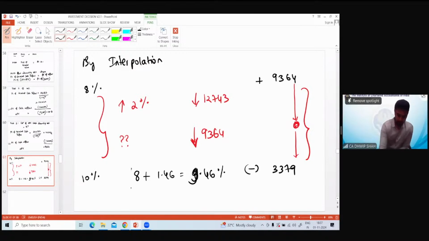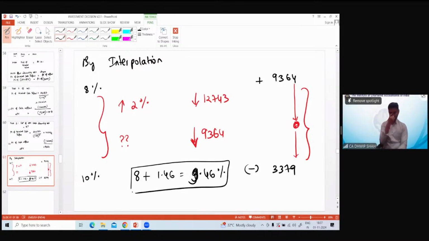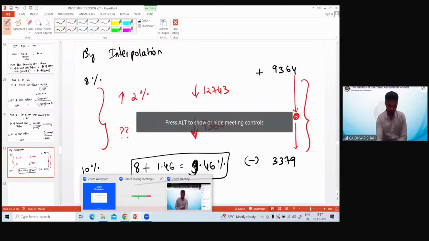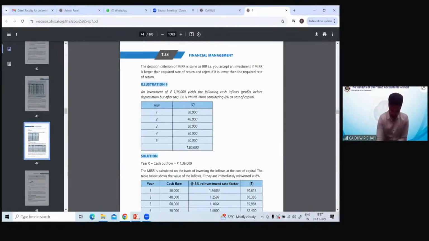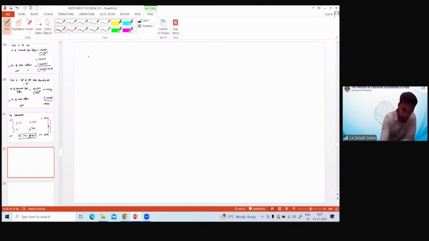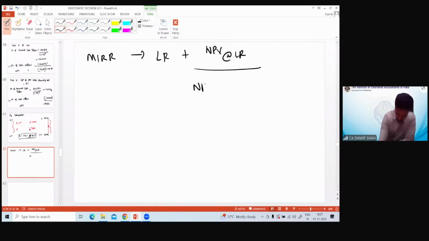Everyone understood? How to calculate MIRR? And we can also solve by formula. MIRR follows the same formula as IRR: lower rate plus NPV at lower rate, the whole upon NPV at lower rate minus NPV at higher rate, multiplied by higher rate minus lower rate.